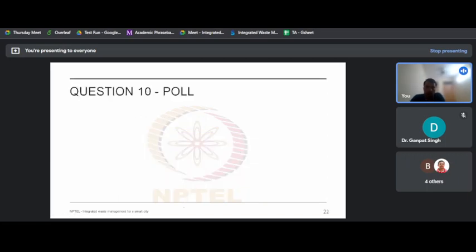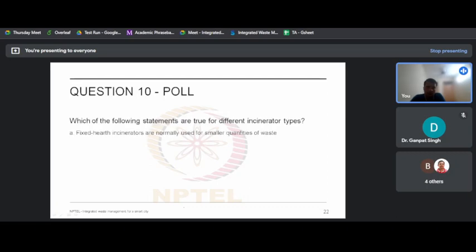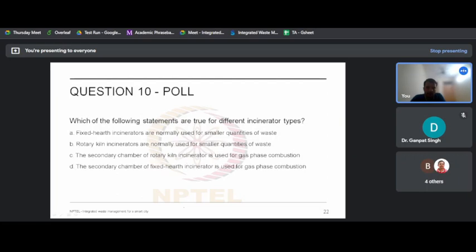Moving on to question number 10. This is a poll. Which of the following statements are true for different incinerator types? Fixed hearth incinerators are normally used for smaller quantities of waste. Rotary kiln incinerators are normally used for smaller quantities of waste. The secondary chamber of a rotary kiln incinerator is used for gas-phase combustion, and the secondary chamber of a fixed hearth incinerator is used for gas-phase combustion.